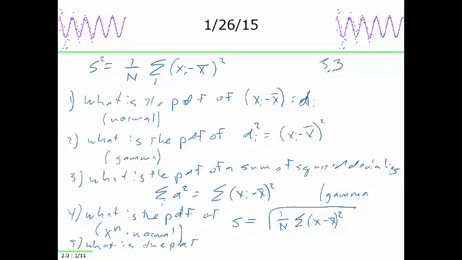The PDF of t equals x bar minus mu over s, times the square root of n over s.